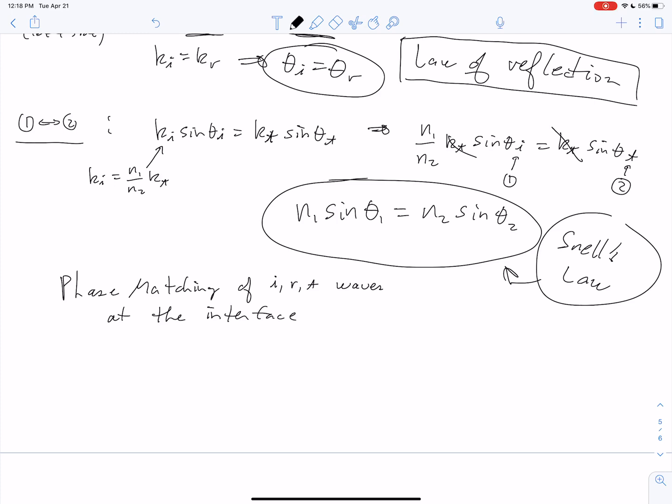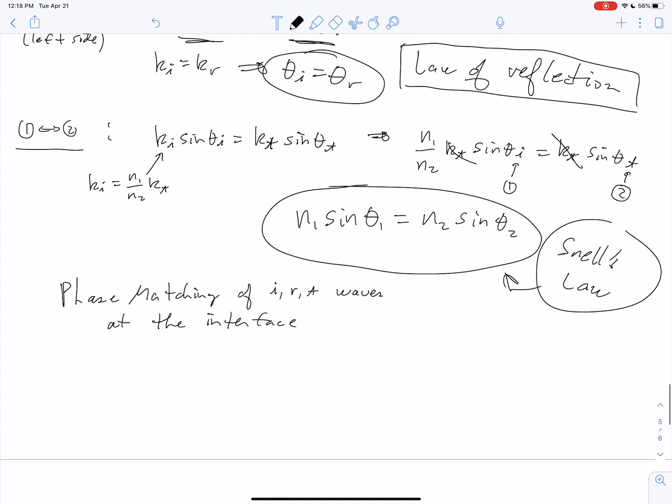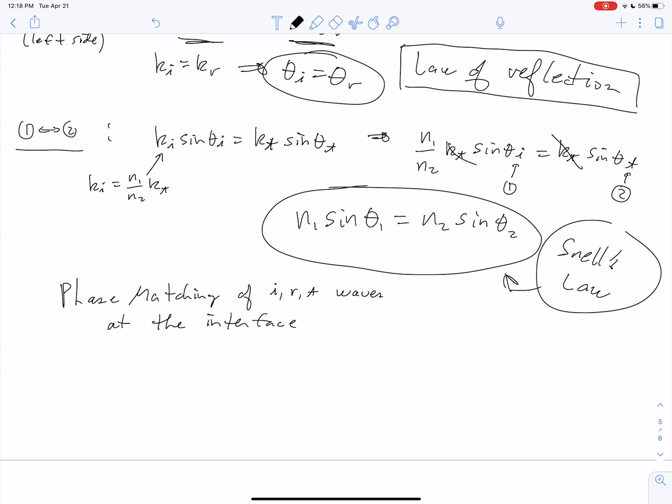Okay, so we got these nice relationships, and they are really nice, because basically what this is telling us is that if we're given the incident wave vector, which is described by the magnitude and the incident angle, that gives us the magnitude plus direction of the wave vector.